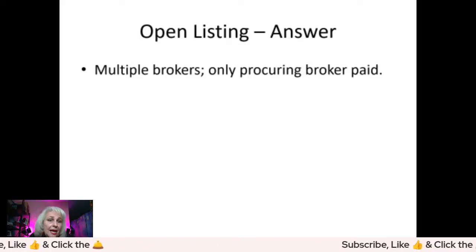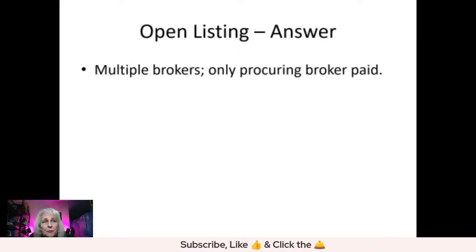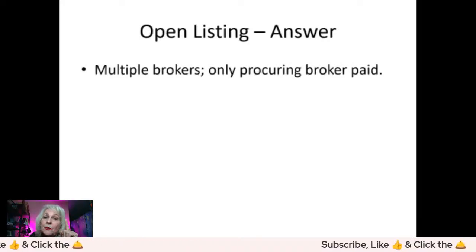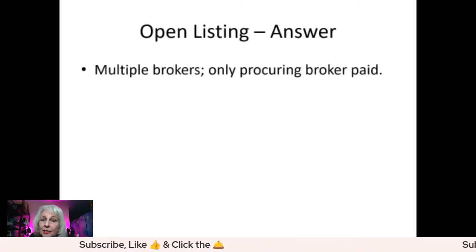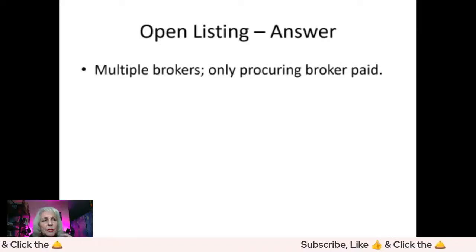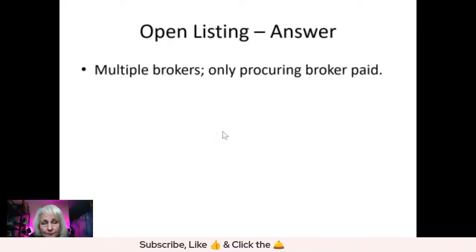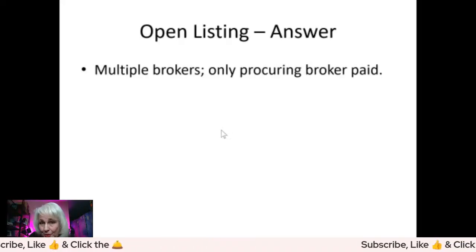And they say that to many brokers or many realtor associates of the brokerage. Well, only one is going to get paid because there can only be one written contract that is legal. So that's another thing. The majority of agencies and states do not accept open listings. And we don't want to do that. You don't want to do that.